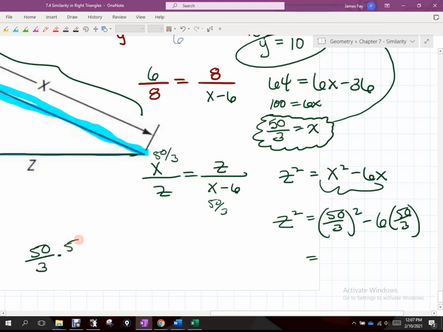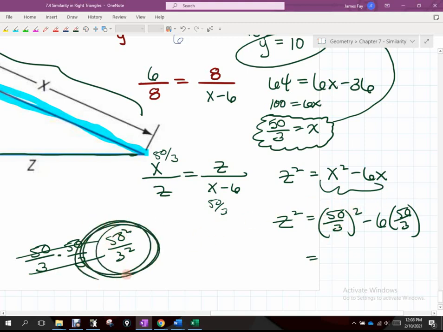Yeah, doesn't 50 thirds squared mean that? And if I wanted to do that multiplication, I go straight across the top, so that would be 50 squared. Straight across the bottom would be 3 squared. So how do I go from this here to this here? I just square the top, square the bottom, right? So 50 squared is 2,500. And then 3 squared is 9. This will give me, so 6 times 50 is 300.